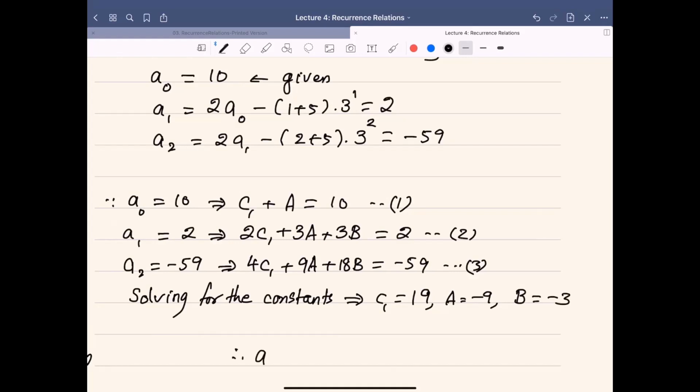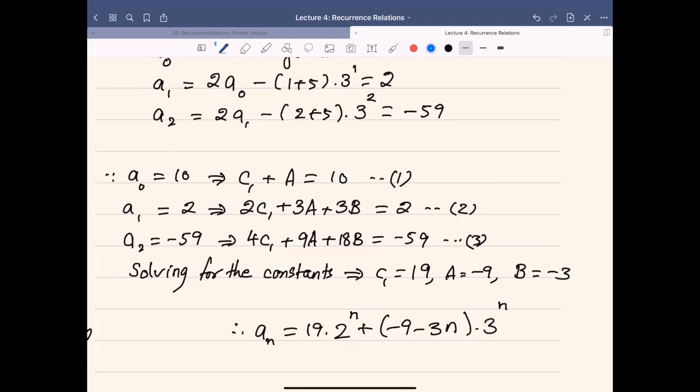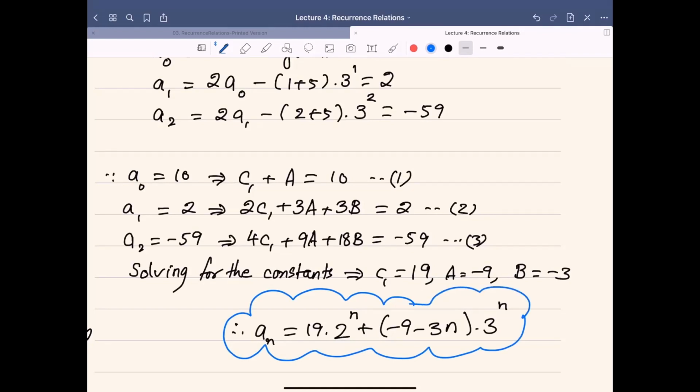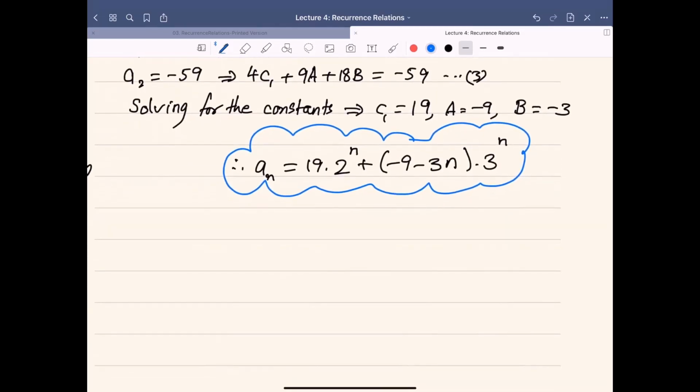So the solution a_n is equal to 19 multiplied by 2 raised to power n plus (minus 9 minus 3n) times 3 raised to power n. And this is the solution. So using boundary conditions, we have found the solution for the recurrence relation.